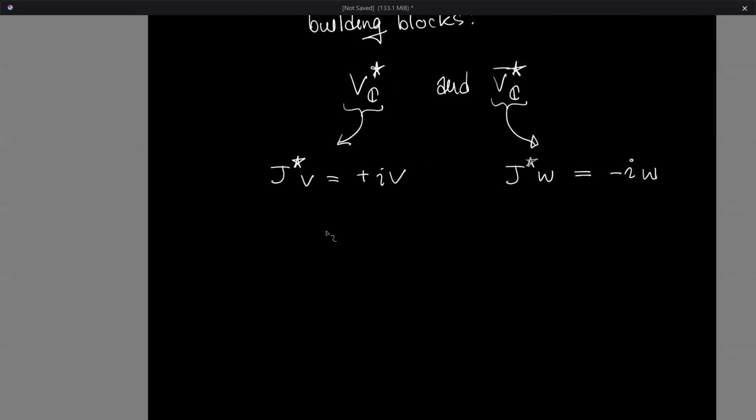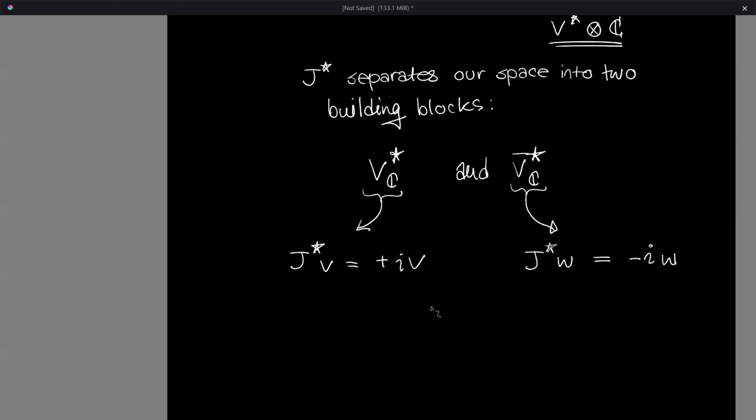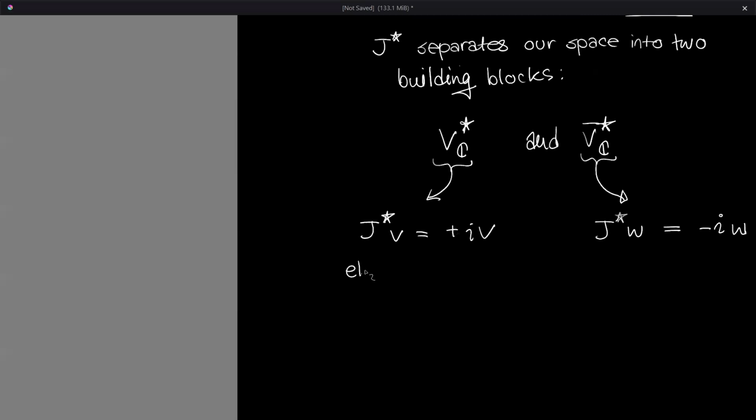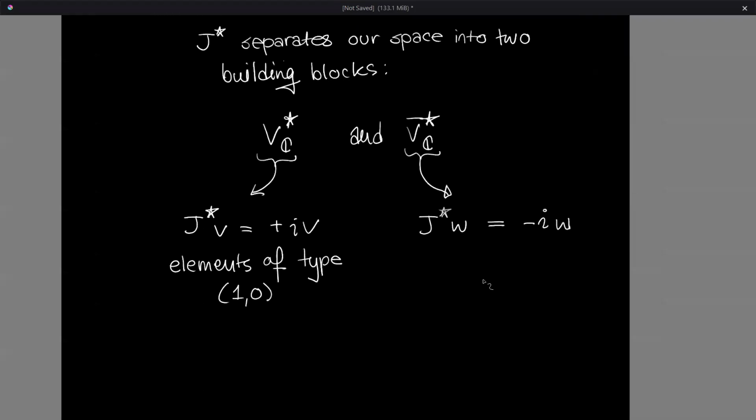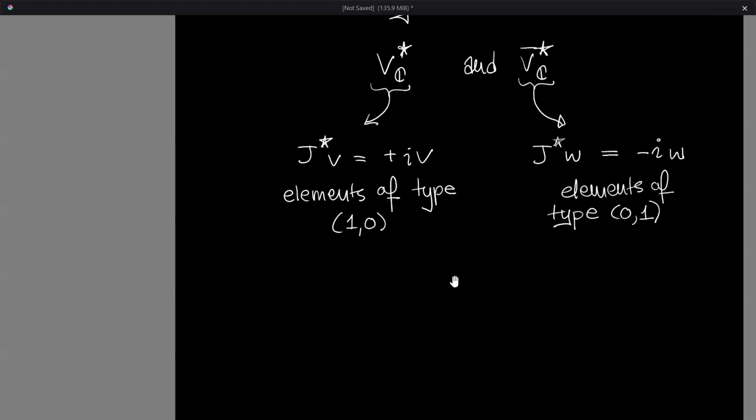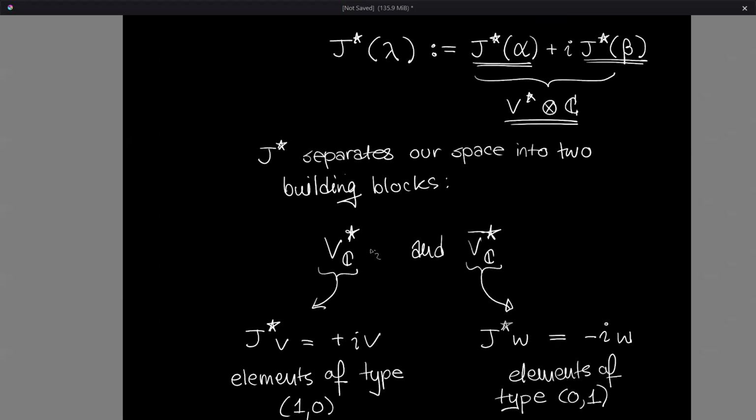So we know that these are called the elements of type (1,0). And these are called the elements of type (0,1). And one note here: in Chern-Chen and Lamb, these are called VC and VC bar.